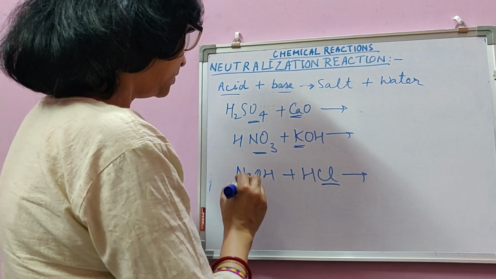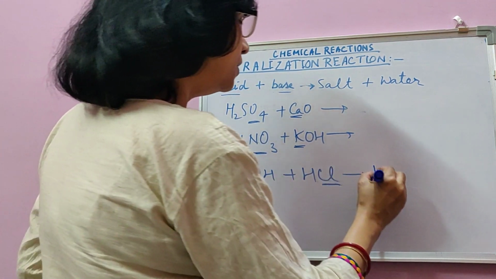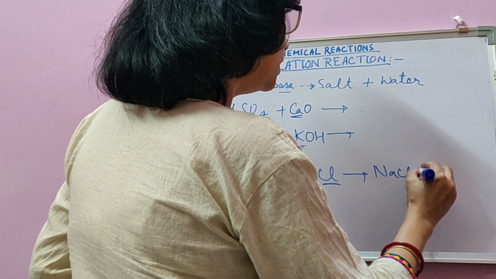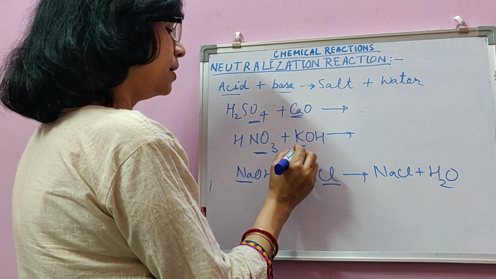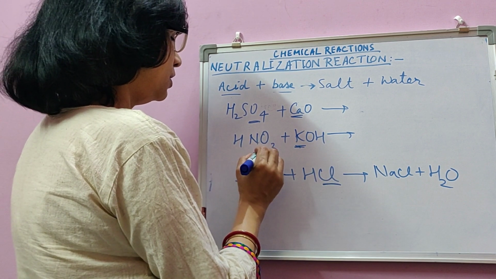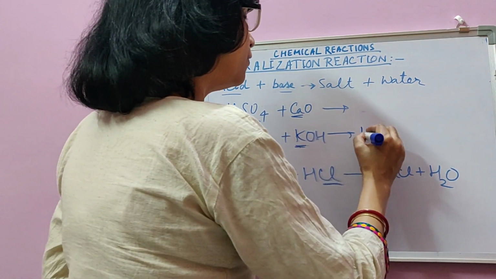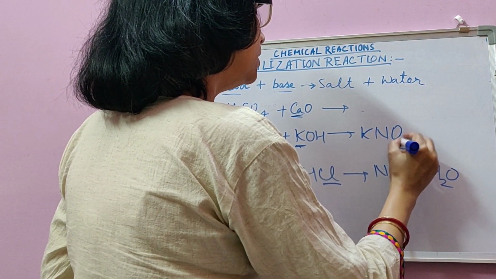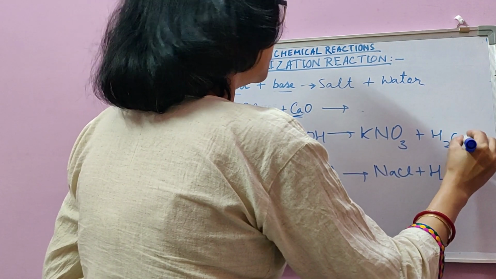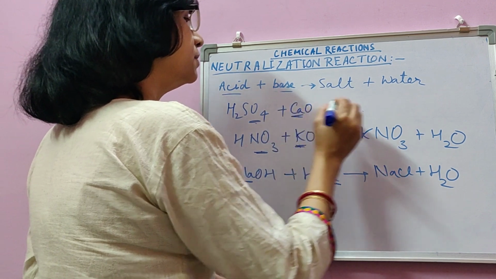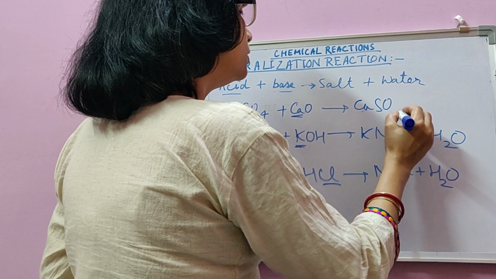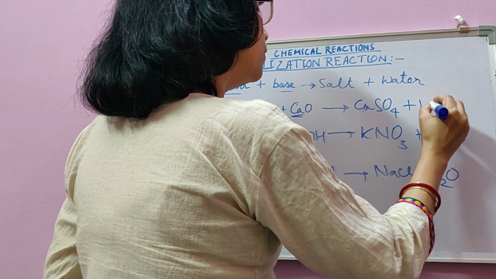The negative radical of the acid with the positive radical of the base will form salt and the remaining will be water. Similarly, a positive ion or cation of the base with the anion of the acid will form the salt KNO3 and water. Here, the positive ion of the base with the negative ion of the acid will form salt and water.